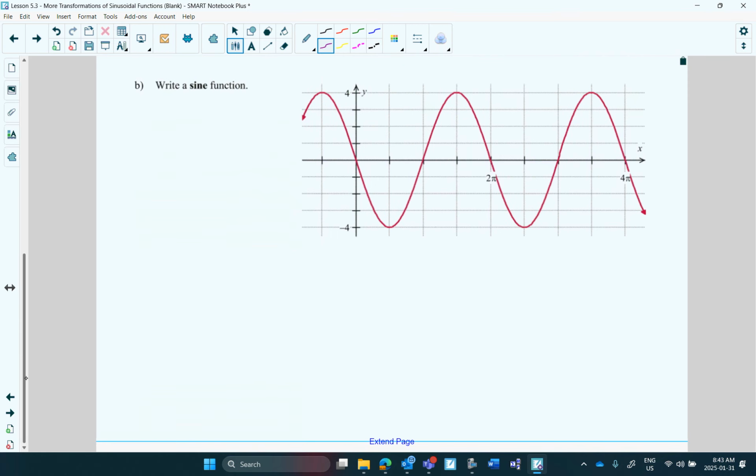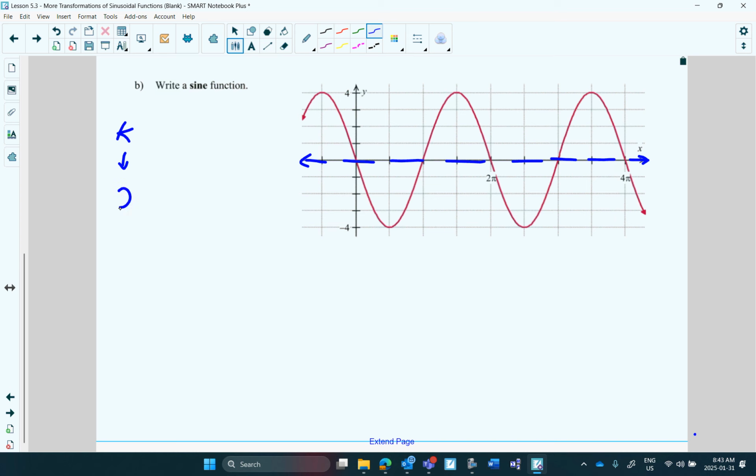This one, we're asked to write a sine function. What's k? Well, it's going to be here. That's where it splits it horizontally into 2 equal pieces. K is 0.